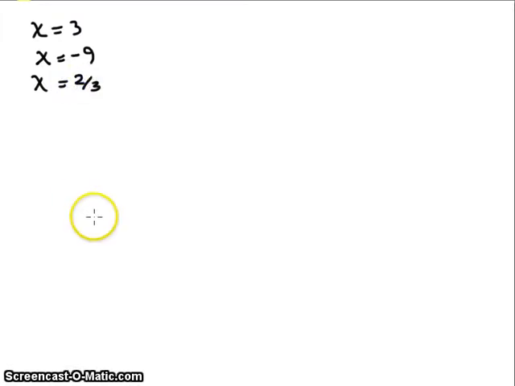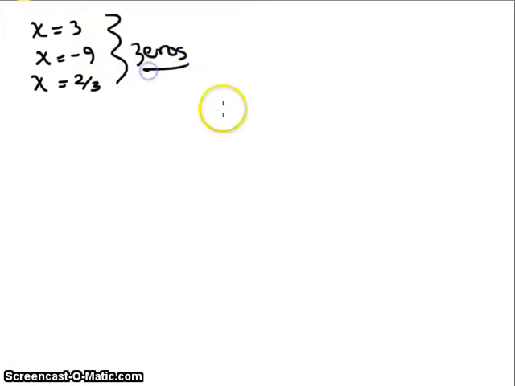Now there's one more thing we can do, and that would be actually to work backward from a list of zeros. If I was told I have zeros at x equals 3, x equals minus 9, and x equals 2/3, how could I put together a possible polynomial that meets this criteria? So these are all zeros. And the answer is really simple again with this.